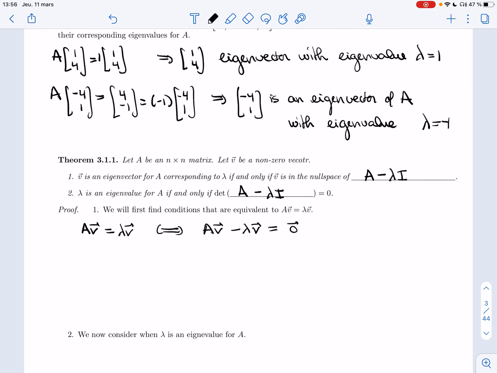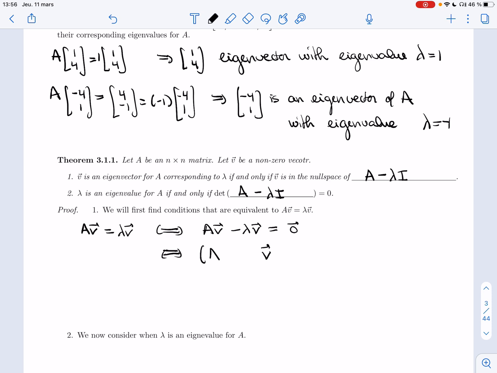Then if I factor V out here, that's fine, but I can't have a matrix minus a constant, so I need to put the identity matrix. And so when I take this matrix and multiply it by V, I get 0. That's the definition of the null space. So V is in the null space of A minus lambda I.